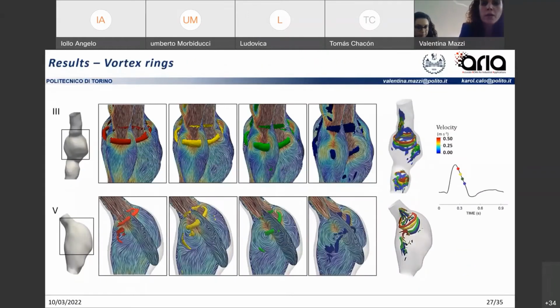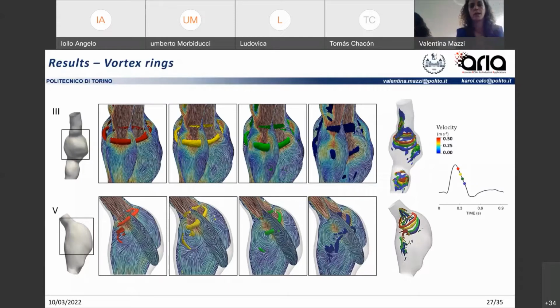So the dynamics of this vortex ring could have important biomechanical implications, since experimental and numerical studies have shown that thrombus formation may be driven by platelet activation and aggregation within the recirculation zone.